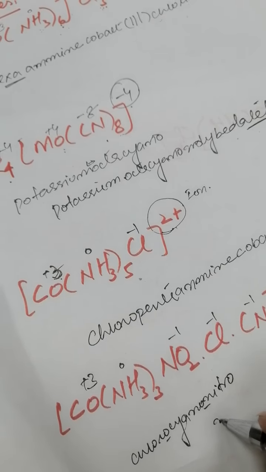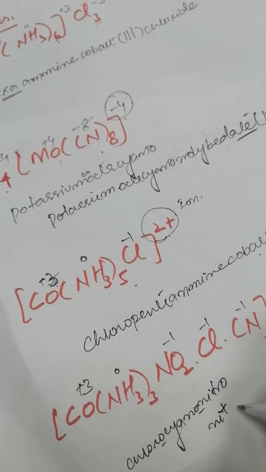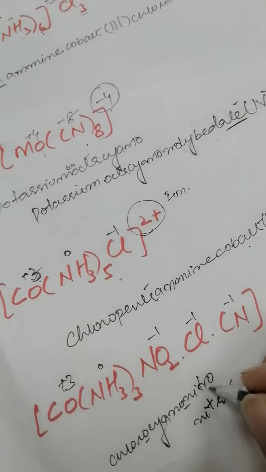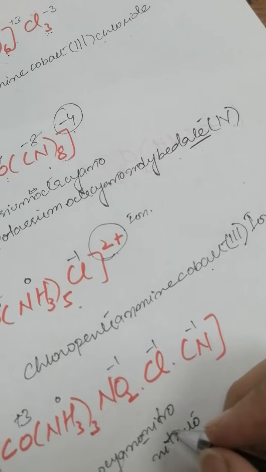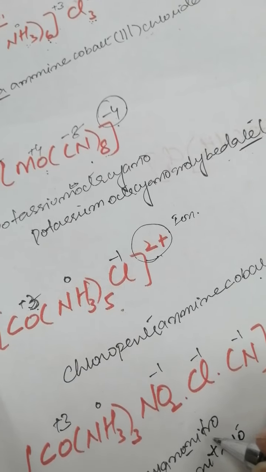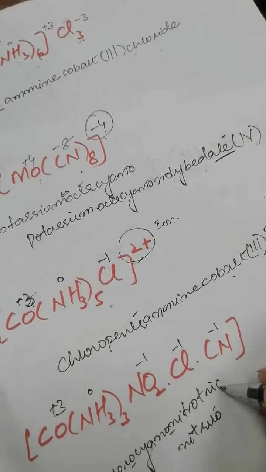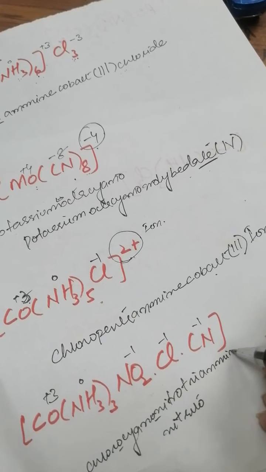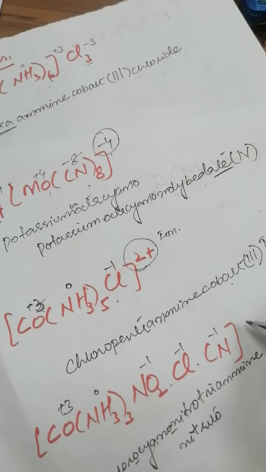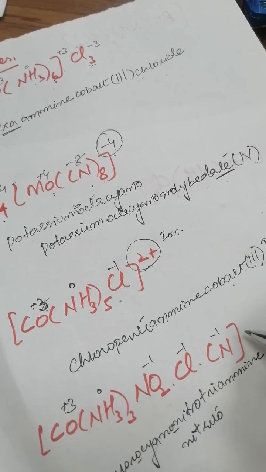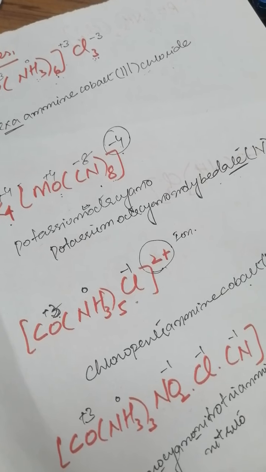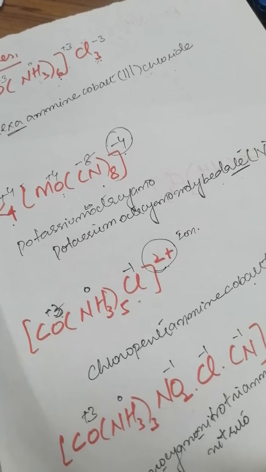It could be nitrito as well, but even nitro is also fine. Nitro. After that we have the neutral ligand, which is triamine, and then the name of the metal, which is cobalt, without any space.